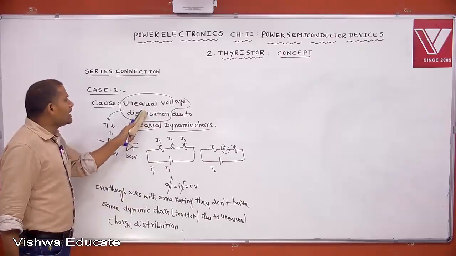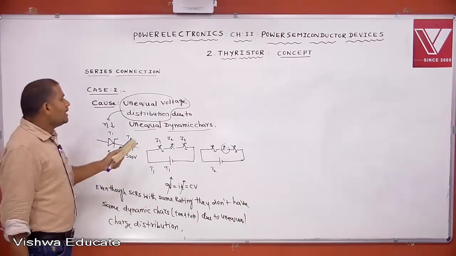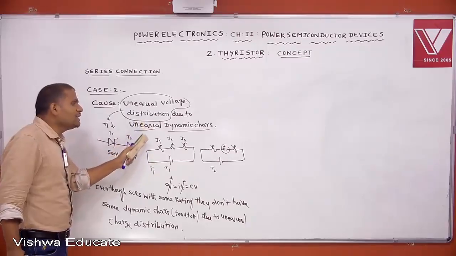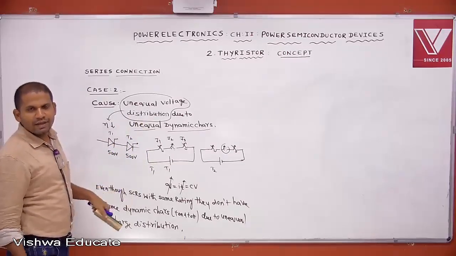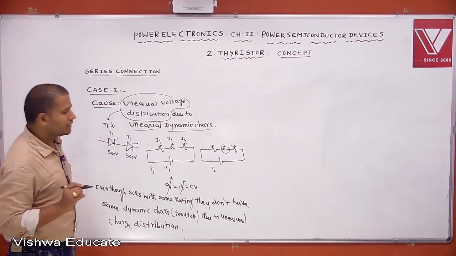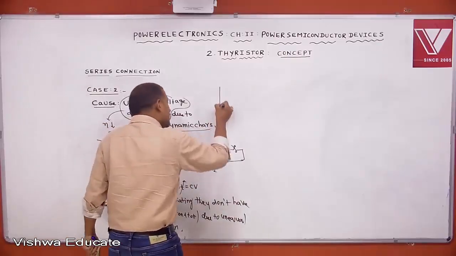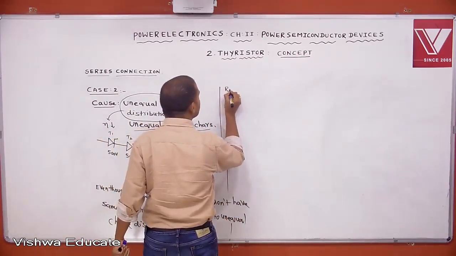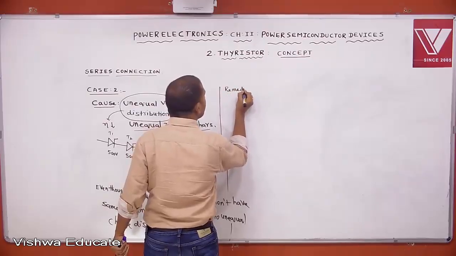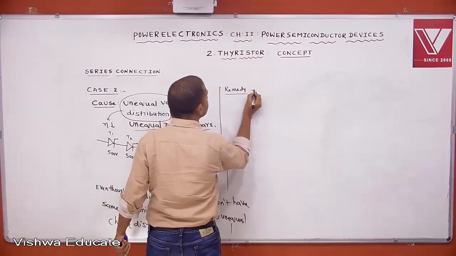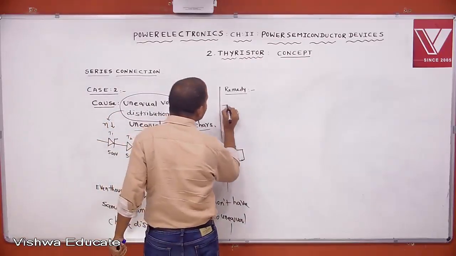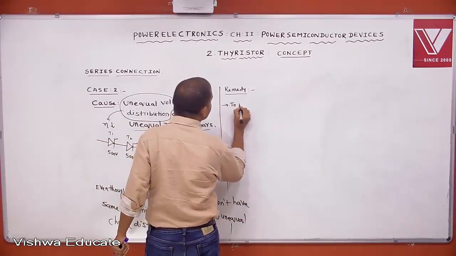Now we want to equalize the voltage distribution. In order to equalize the voltage distribution, it is required to equalize the dynamic characteristics. Then how can we equalize the dynamic characteristics? That is the remedy, meaning the solution.